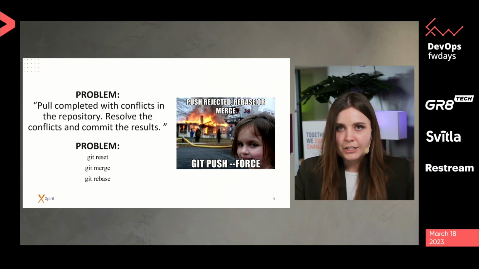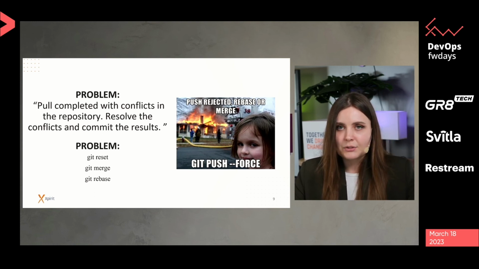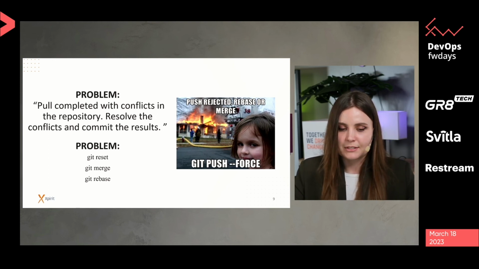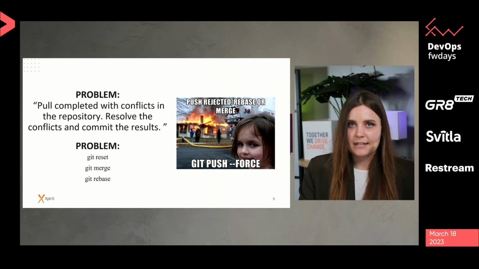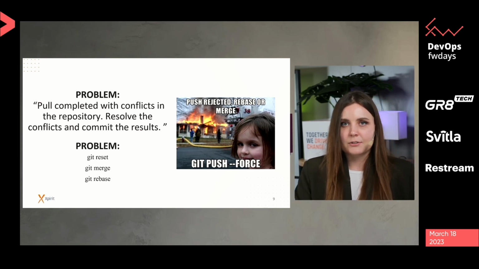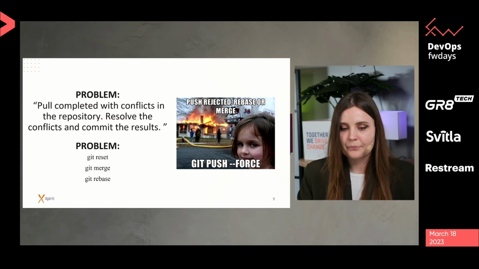The first strategy, when you face a pull conflict situation and your local changes are not important and you can easily remove them, is to use git reset to the commit which conflicts with the remote commit or remote changes. You do git reset up to the commit which has the conflicts, and after that you do git pull and there are no pull conflicts anymore.